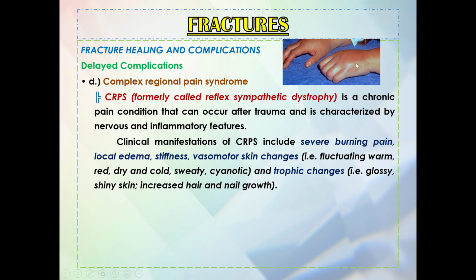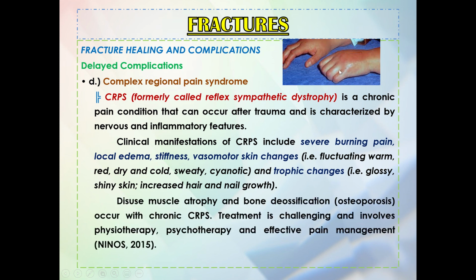So, ayan, kita natin, di ba? Like shiny talaga yung skin ni patient here. So, disused muscle atrophy and bone deossification or osteoporosis occur with chronic CRPS. So, treatment is challenging and involves physiotherapy, psychotherapy, and effective pain management.